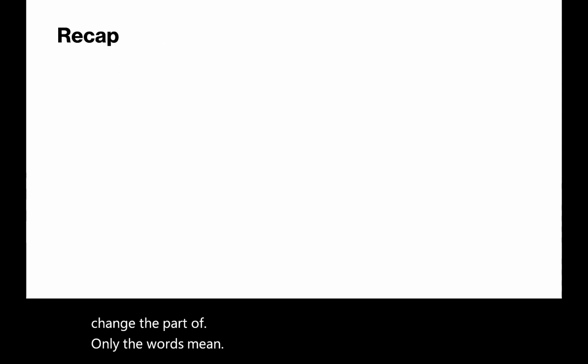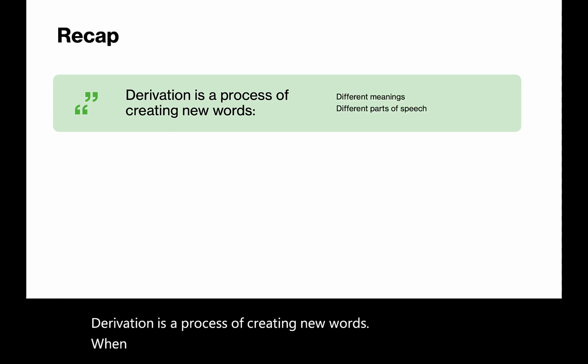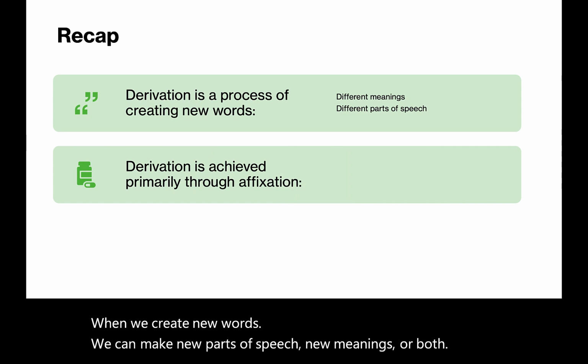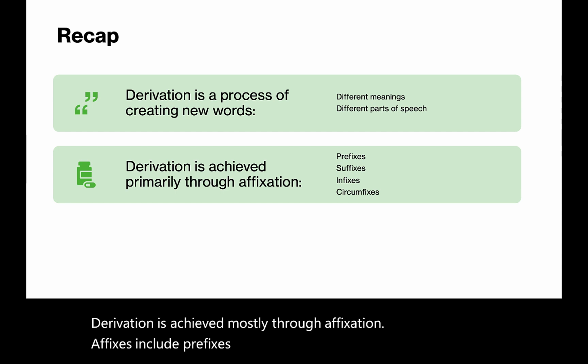Let's recap. Derivation is a process of creating new words. When we create new words, we can make new parts of speech, new meanings, or both. Derivation is achieved mostly through affixation. Affixes include prefixes, suffixes, infixes, and circumfixes.